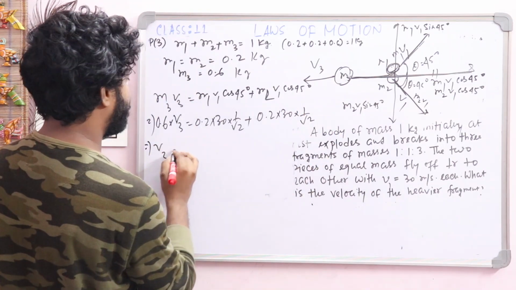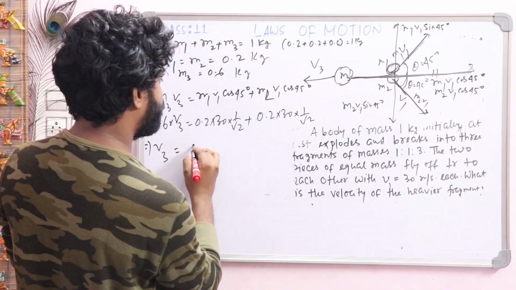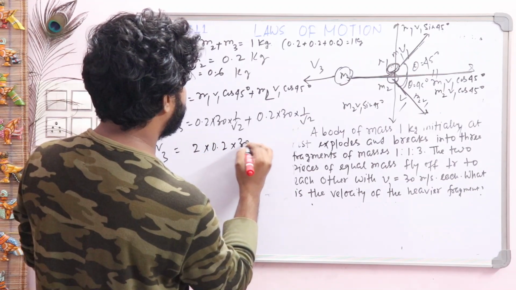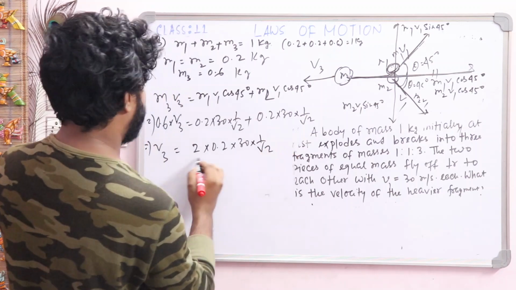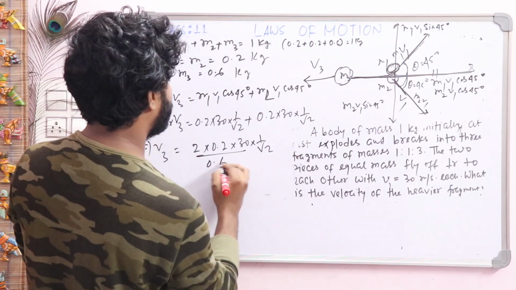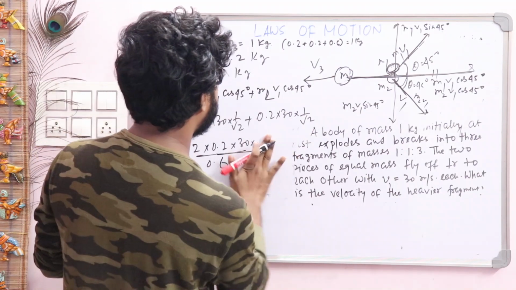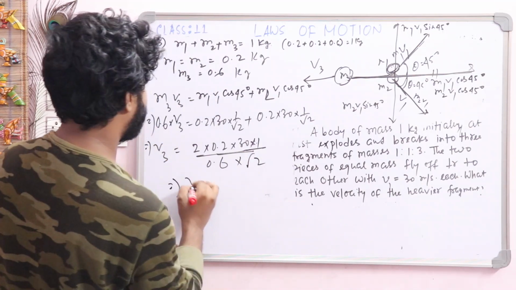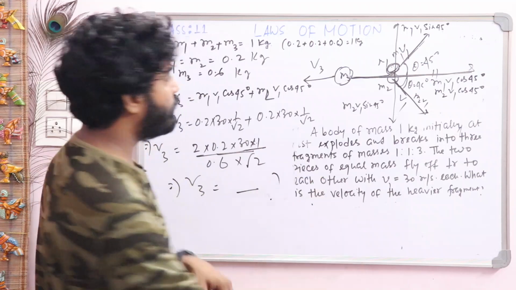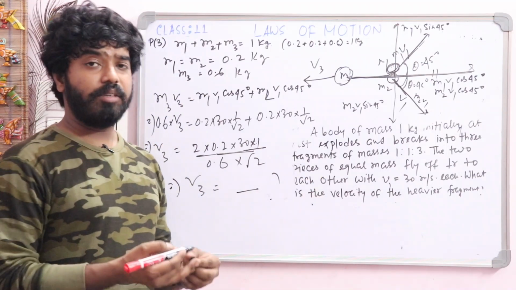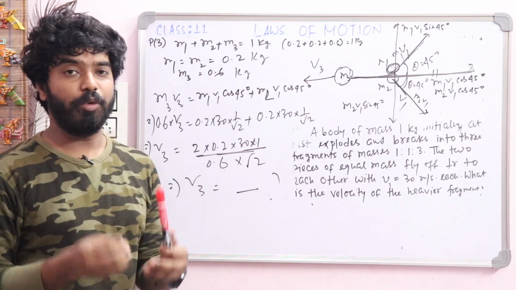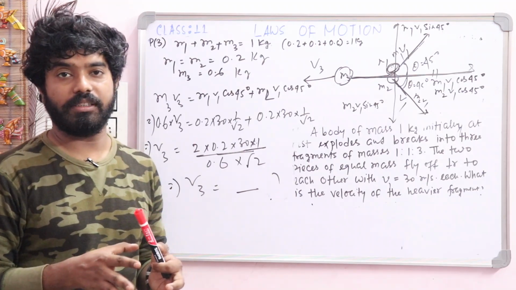So v3 is equal to 2 into 0.2 into 30 into 1 by root 2, and this value will be divided by 0.6. Okay, now you can simplify this value and you will get the answer, that is the value of v3. So here you have to compare the momentum in the horizontal direction.